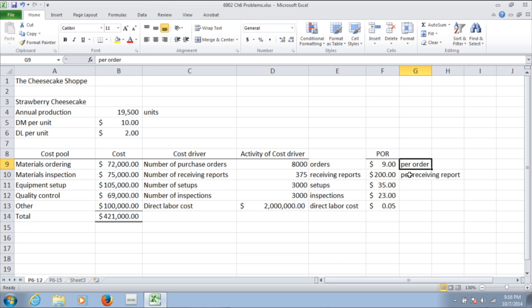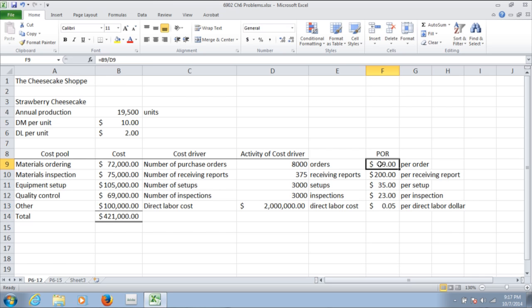So it's $9 per order, $200 per receiving report, $35 per setup, $23 per inspection, and 5 cents per direct labor. Make sure it's per direct labor dollar.